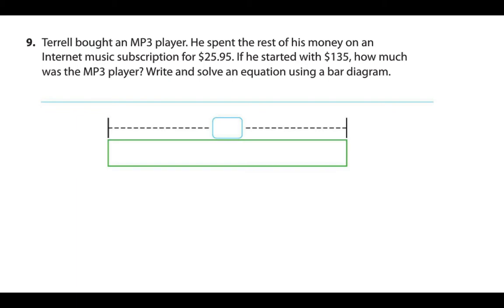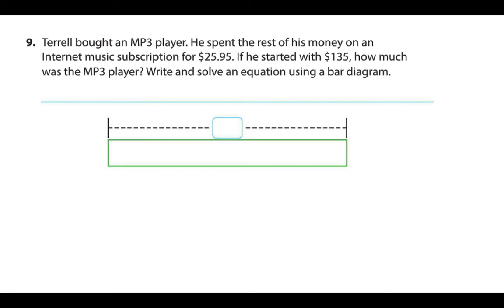Write and solve an equation using a bar diagram. So I want you to try this out. What we know is that Terrell started out with $135. We know that his internet subscription cost him $25.95. And what we're trying to figure out is how much he spent on the MP3 player.